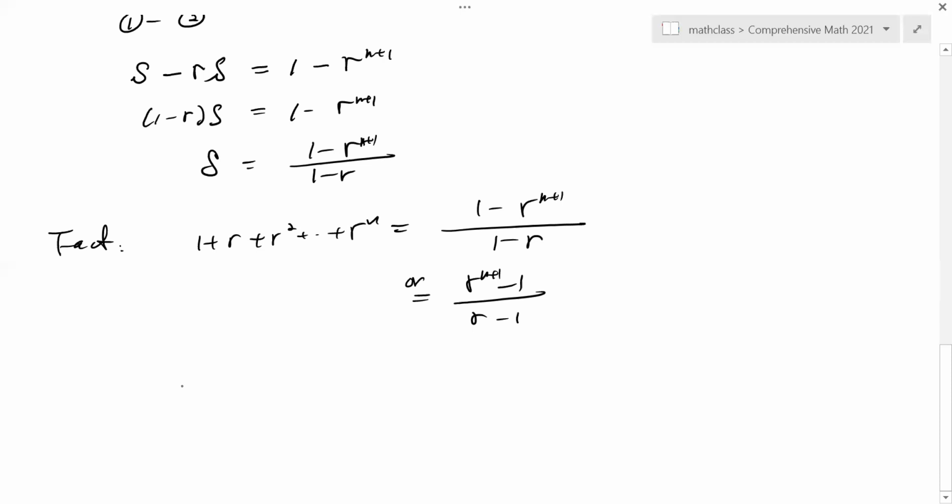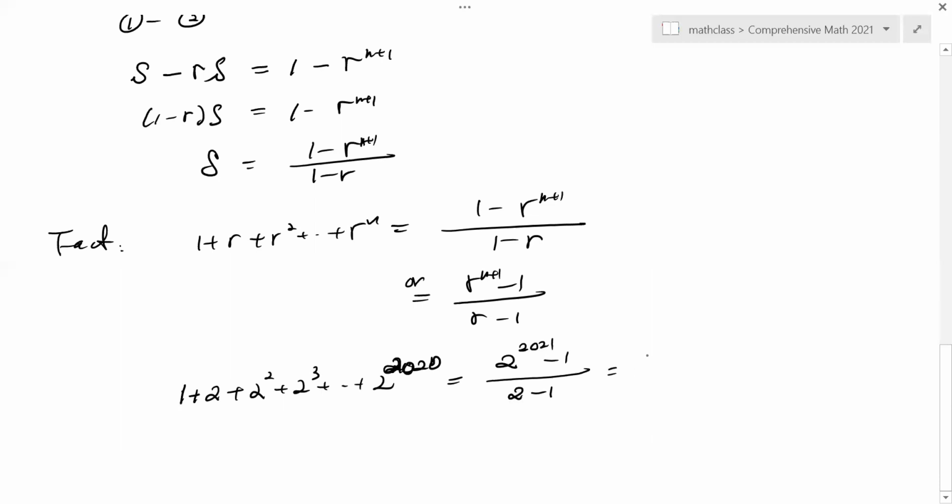So for example, the most important term is here: 1 plus 2 plus 2 squared plus 2 cubed and plus 2 to the nth power. For example, let's say n is 2020. Then the answer will be 2 to the 2021 minus 1, but the denominator is 2 minus 1, which is 1.